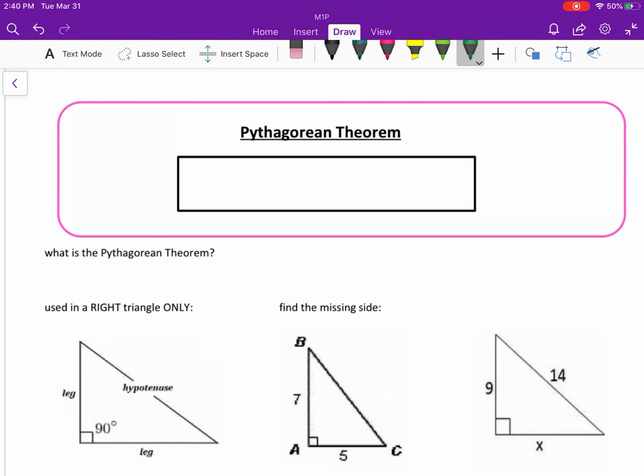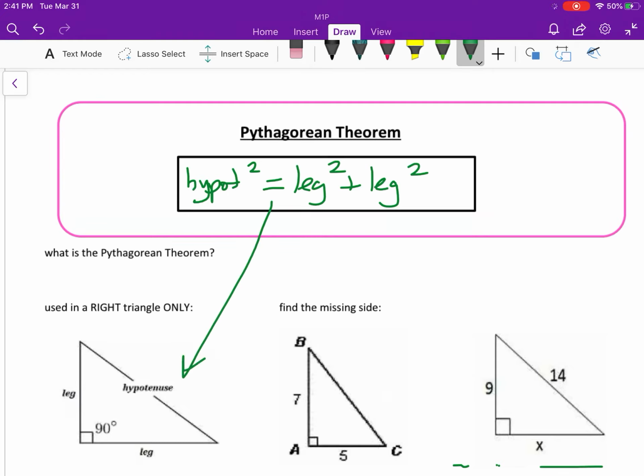No. All right, so next is the Pythagorean theorem. And the Pythagorean theorem, I don't know if you guys learned it, is simply in a right triangle, the hypotenuse squared equals a leg squared plus a leg squared.